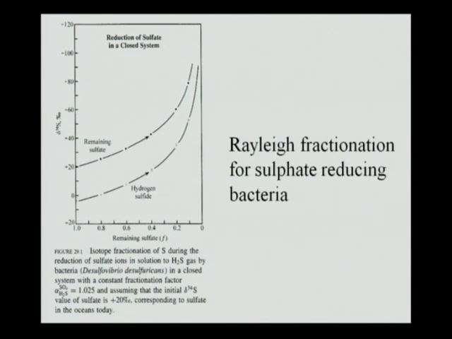Seawater is a major reservoir, and it is a starting material for many occurrences of sulfur in the sediments. And therefore, the driver of the system is reduction of sulfur, as you saw before, by bacteria, and the fractionation is about 20 per mil.